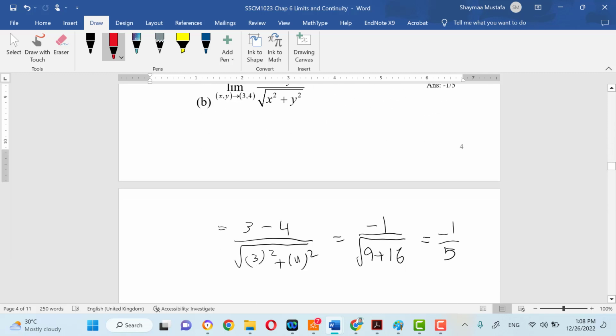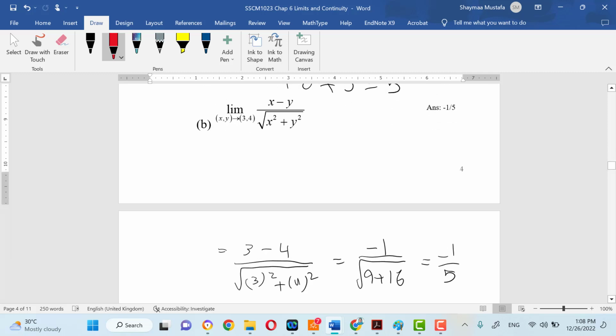So here we have 3 minus 4 over the square root of 3 squared plus 4 squared, which is minus 1 over the square root of 9 plus 16, which is 25.